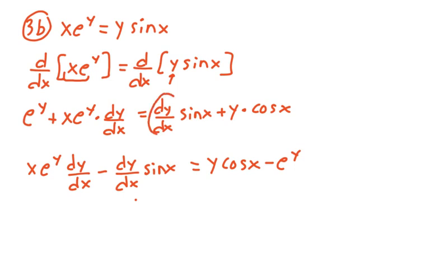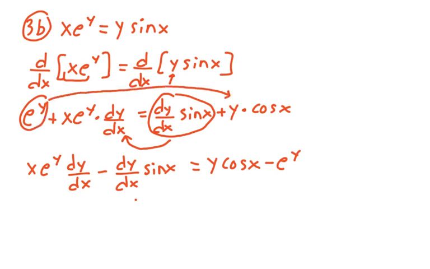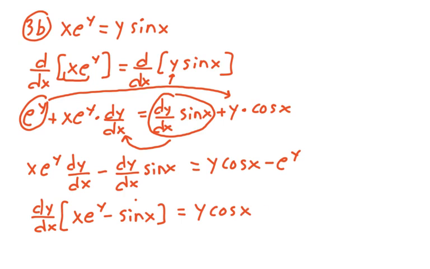I took this term here, I moved it over to the left side of the equation. Then I took this term and moved it to the right side of the equation. Now, factoring out a dy dx, I get x e to the y minus sine of x. And then this is y cosine x minus e to the y. And then if I solve for dy dx, I'm done.